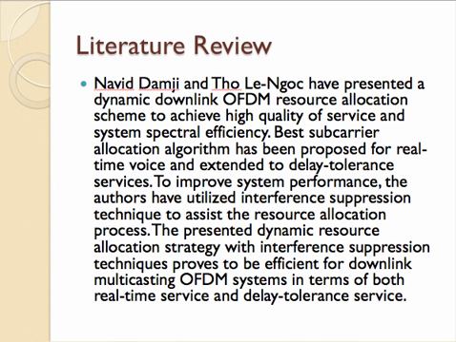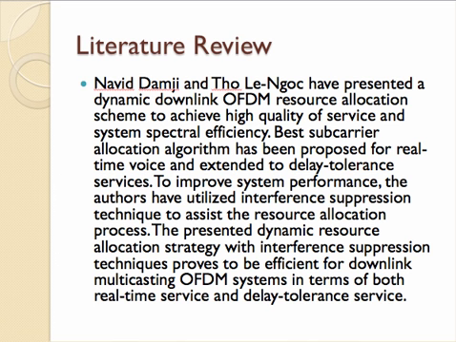David and his colleagues have presented dynamic downlink OFDM resource allocation schemes to achieve high quality of service and system spectral efficiency. Best subcarrier allocation algorithm has been proposed for real-time voice and extended to delay tolerance services to improve system performance.